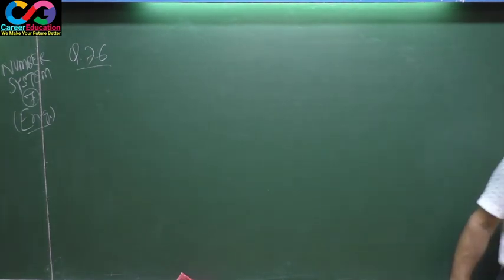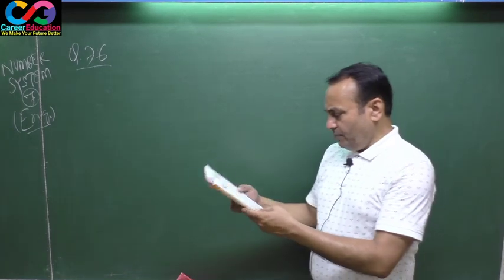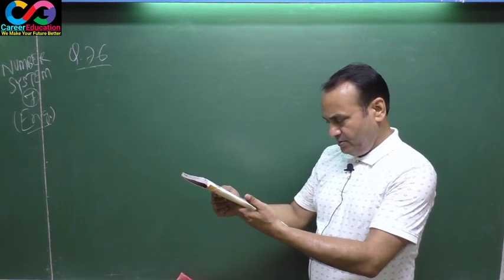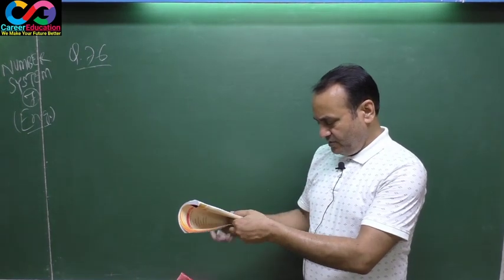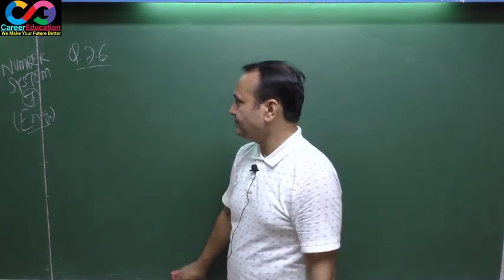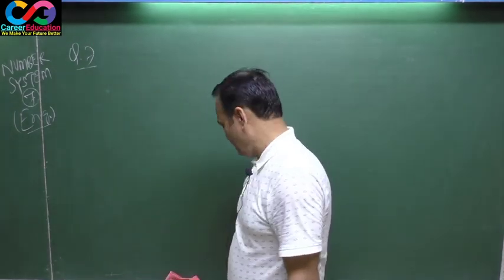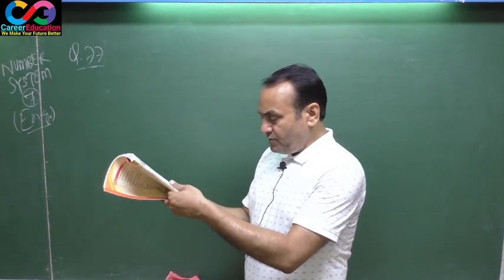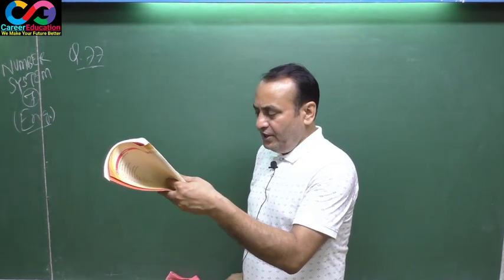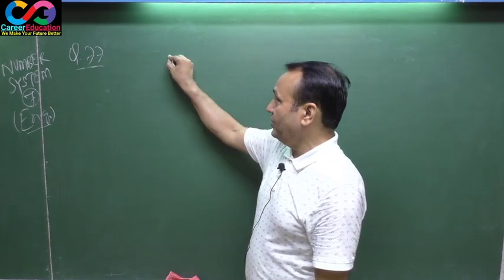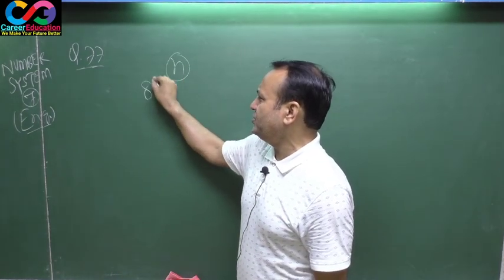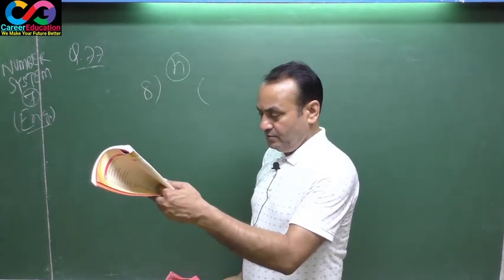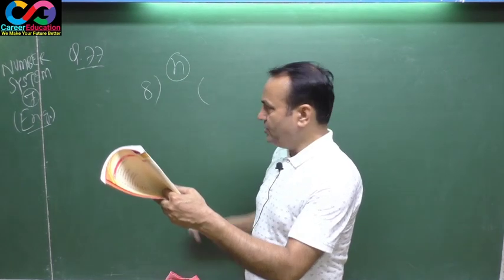Now come to question number 77. Question number 77 says, if a number n is divided by 8, the remainder is 3.